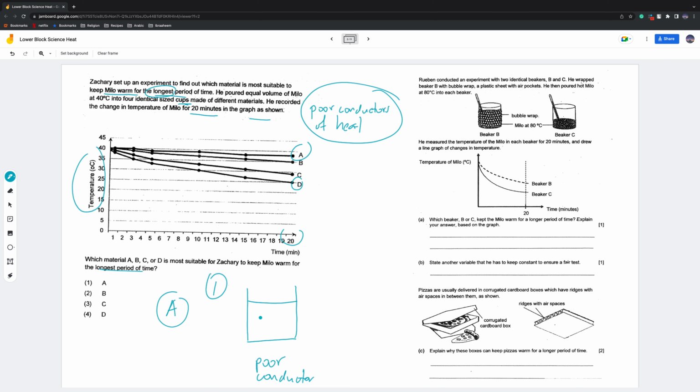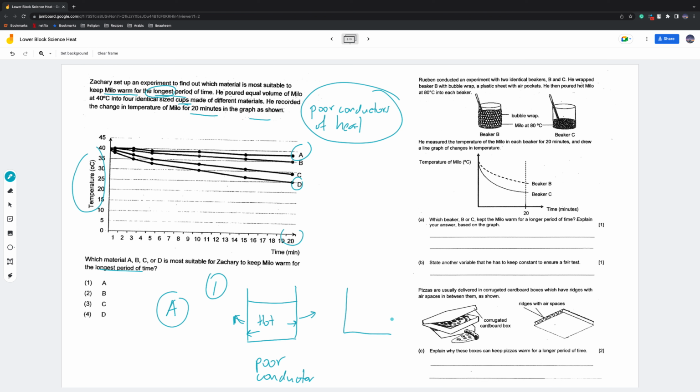Let's say you have hot Milo here. The material here will conduct heat, so that's the key phrase, will conduct heat from the hot Milo to the surrounding slowly. So the hot Milo remains hot longer.